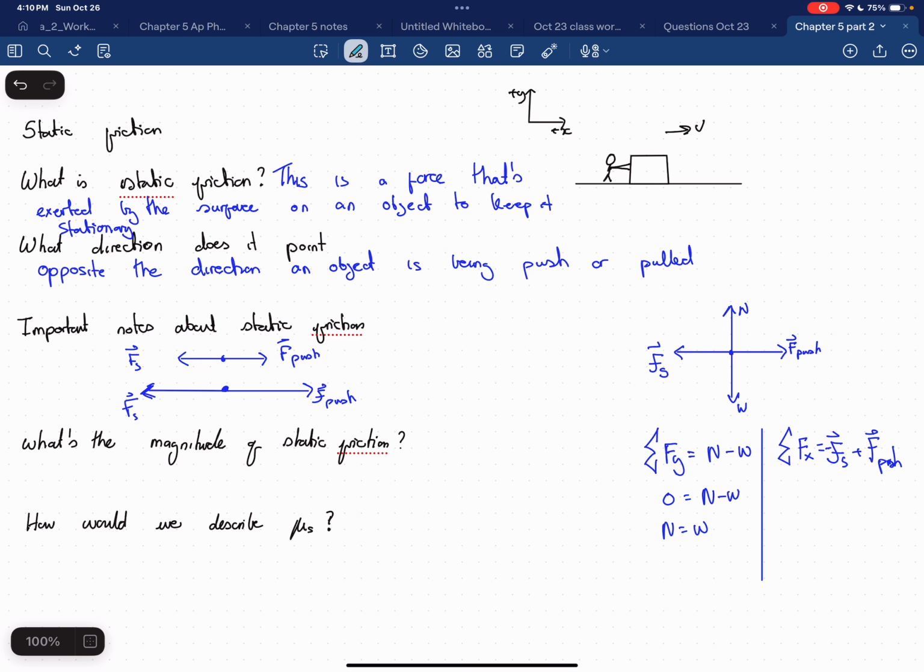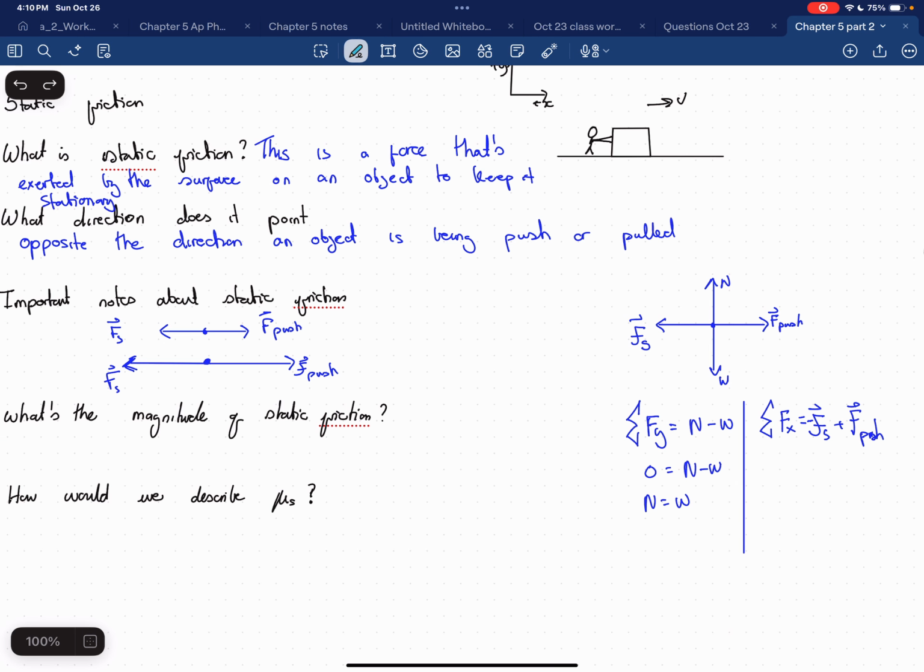Because my object is not moving, the net force is 0. Let me write that as a principle. These are the things you should remember when doing these problems. Object not moving in the x direction.